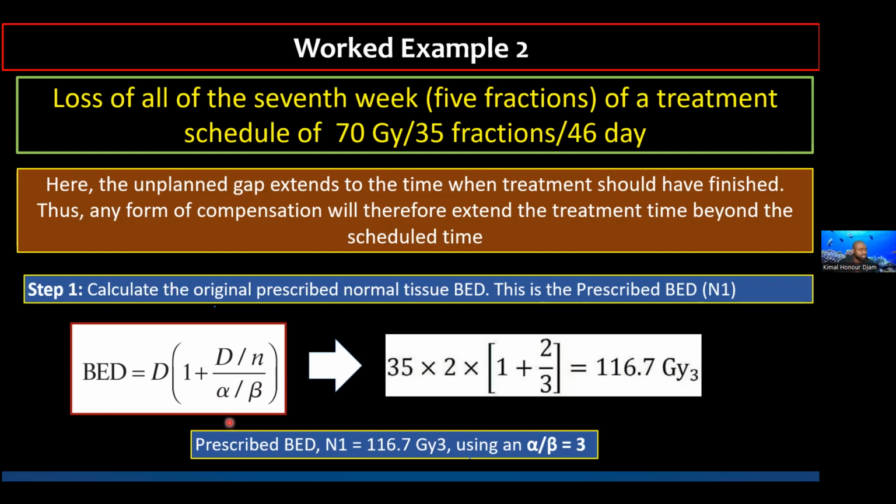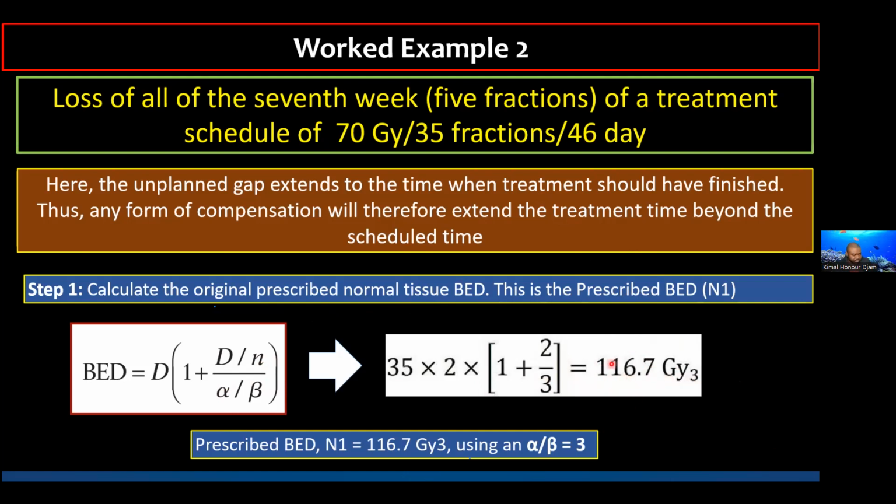In order to do that, if we follow the recipe I gave before, step one is to calculate the originally prescribed normal tissue biological effective dose. And if we do that simply, the originally prescribed biological effective dose with an alpha beta ratio of 3 is 116.7 gray.